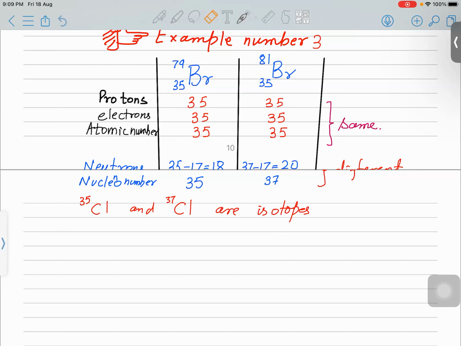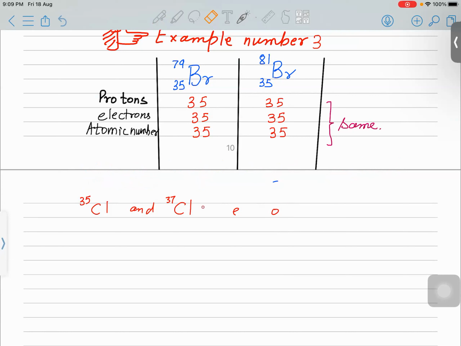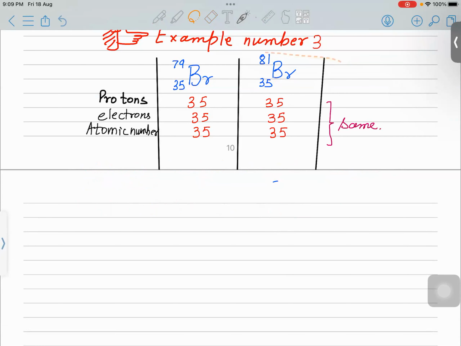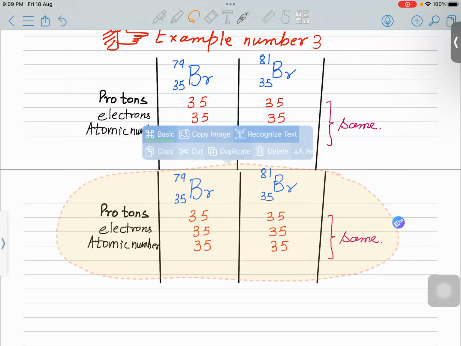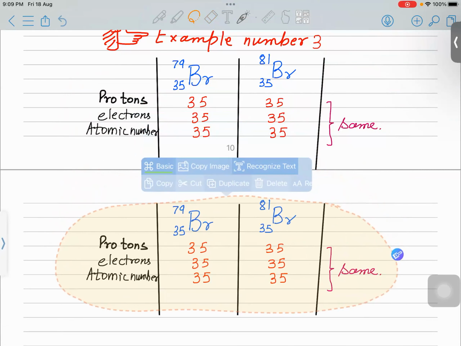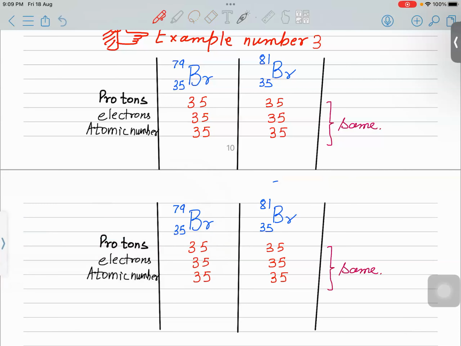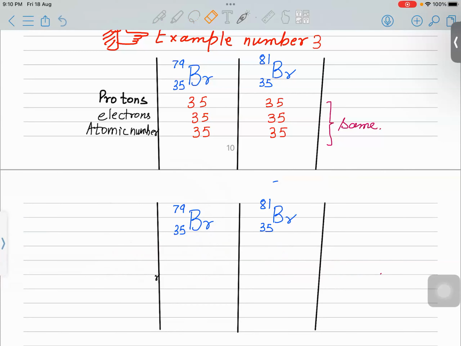Now look at the difference. Can you tell me the number of neutrons? Sir, it's 79 minus 35, which is 44. So first we are going to find the neutron number, right?